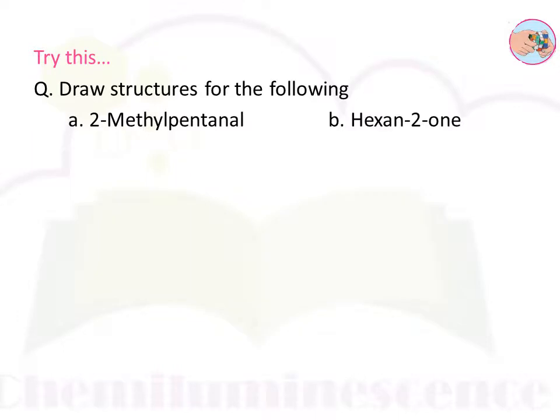Next question is, draw the structure for the following. The first compound given is 2-methyl pentanal. At the end, the word Al comes, hence it is an aldehyde. So one end of this compound has an aldehyde group, the parent chain has 5 carbons because it is a pentane, and at carbon number 2, a methyl group is present because 2-methyl is a substituent.